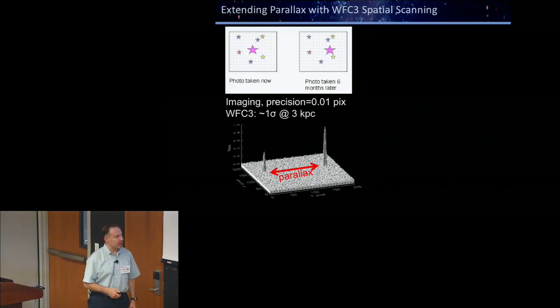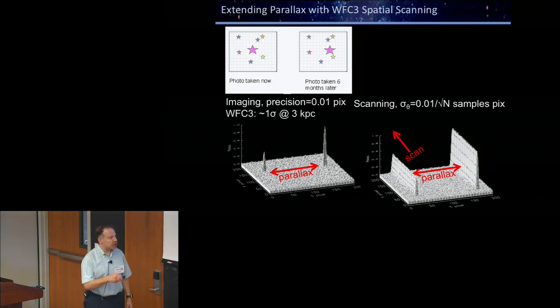So the cute idea we had a few years ago is instead of taking an image like this, like you normally do, instead spatially scan the telescope along one axis so that you are essentially repeating this measurement over and over and over thousands of pixels in the other direction. That is, you're beating down the errors through sampling.